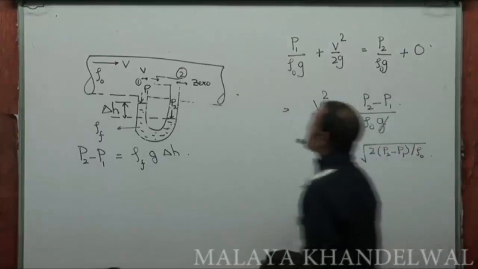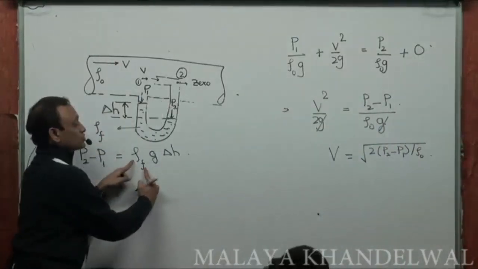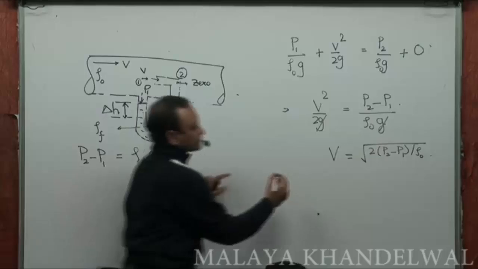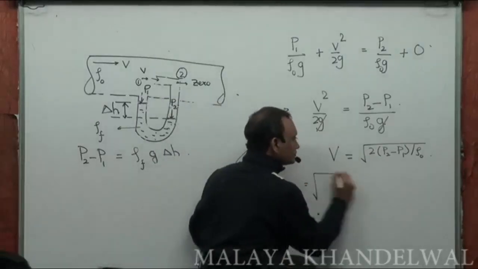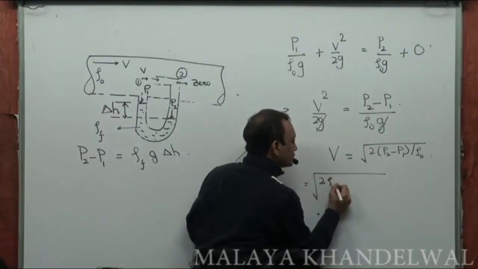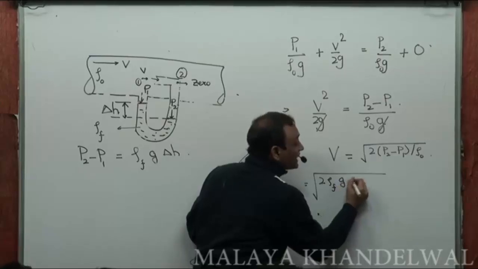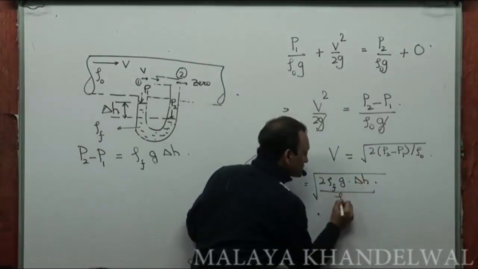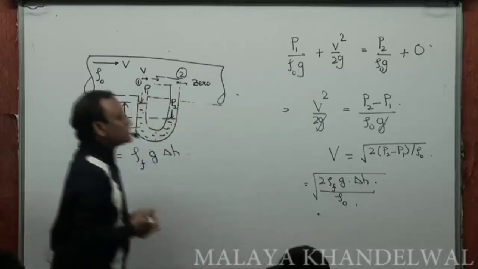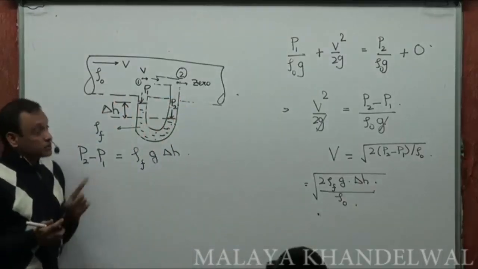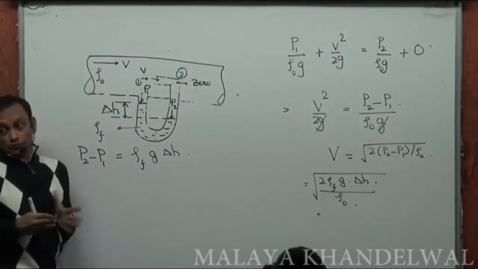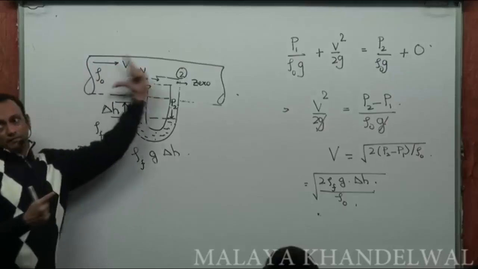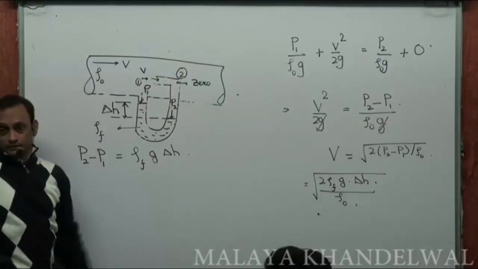Now what is P2 minus P1? P2 minus P1 is rho f g delta H. Delta H is measured directly from the limbs. This will give you the flow rate in the pipe.